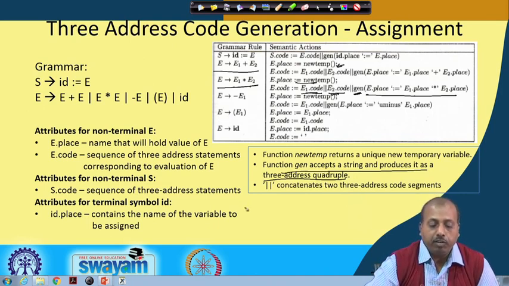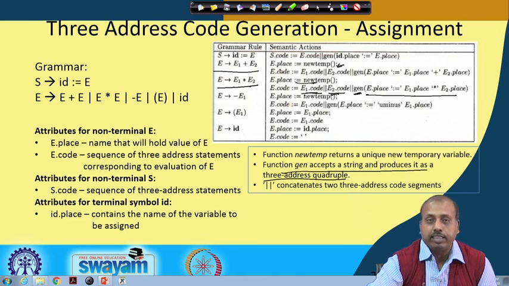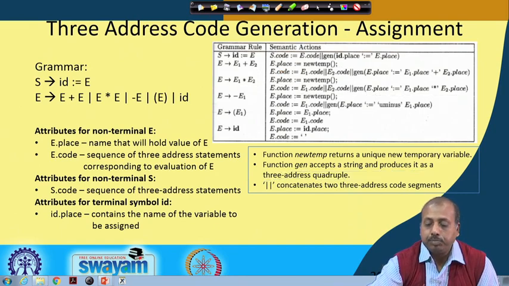This way, for an arithmetic assignment statement, we can draw the corresponding parse tree and then follow these semantic actions. These are actions for the syntax directed translation mechanism, by which we can generate the corresponding code.